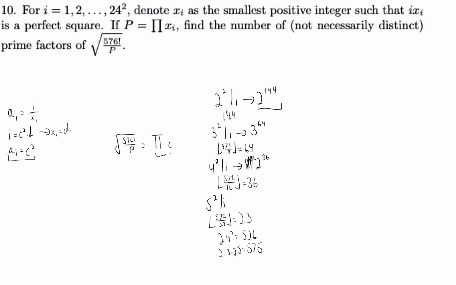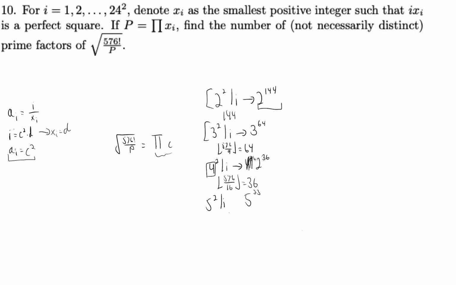Okay, so this is going to contribute 5 to the power of 23 to the final product. But what about 6? Notice that we don't need to count the times where 6 is a factor of c, because we've already counted that in the 2's and the 3's. It's only if we're introduced a higher factor. So we only want to count the values that are primes or perfect powers of a prime.